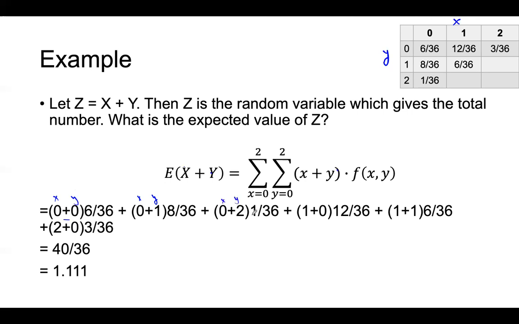Again, then Y moves up to 2 and we have 1 over 36. We've exhausted our Y's. So now we move up X to 1 and Y is 0. Plus X and Y, the next one is 6 over 36 plus the last one. So our expected value is something like this.